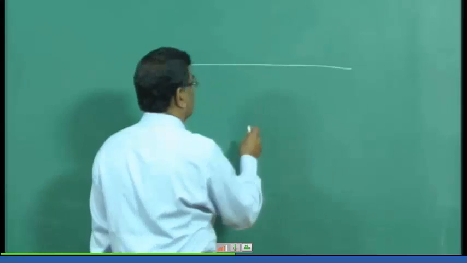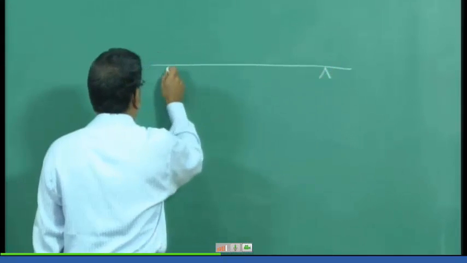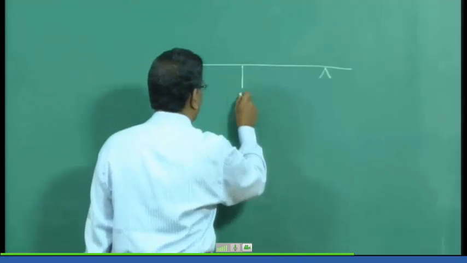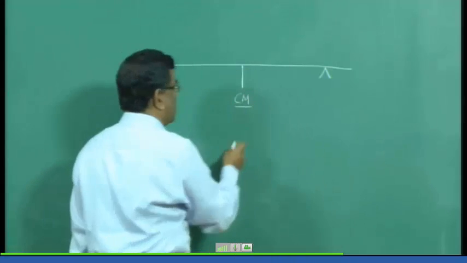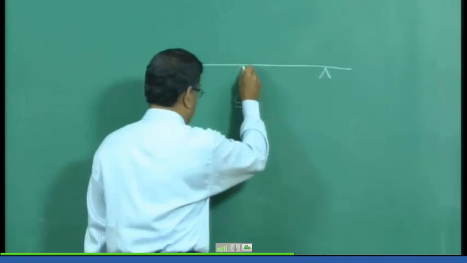If this is the beam, if I put one pivot here, and this is my center of mass point, and if I don't support it here, this is the center of mass.